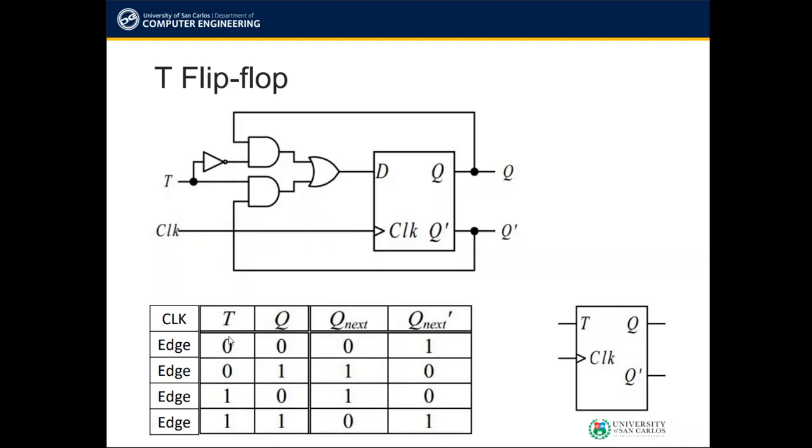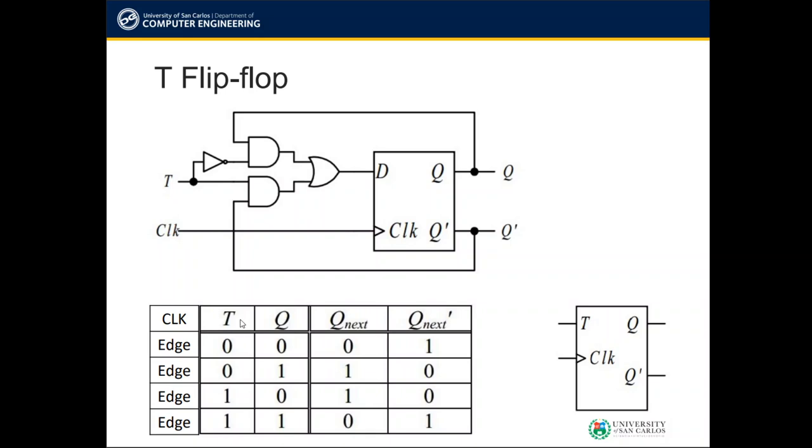Let's say first, if the value of your T is 0, what will happen to the value of your Q to the next state? From 0 to 0, 1 to 1. In this case, this is a hold state or copy state.